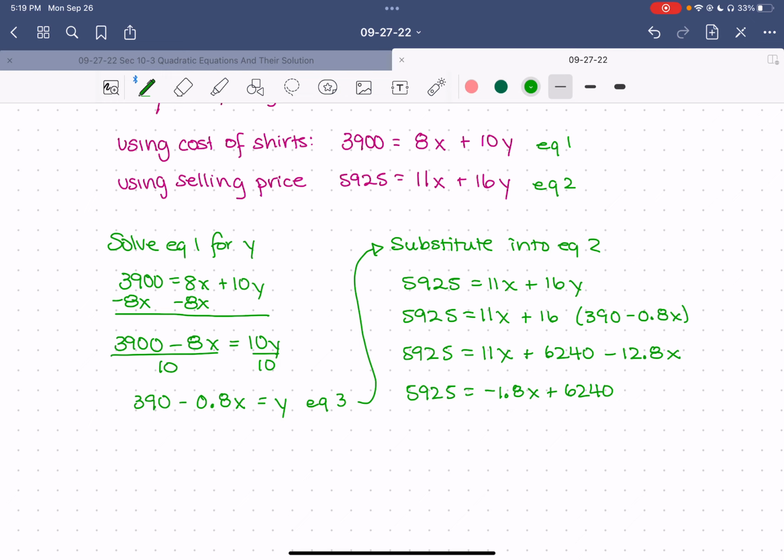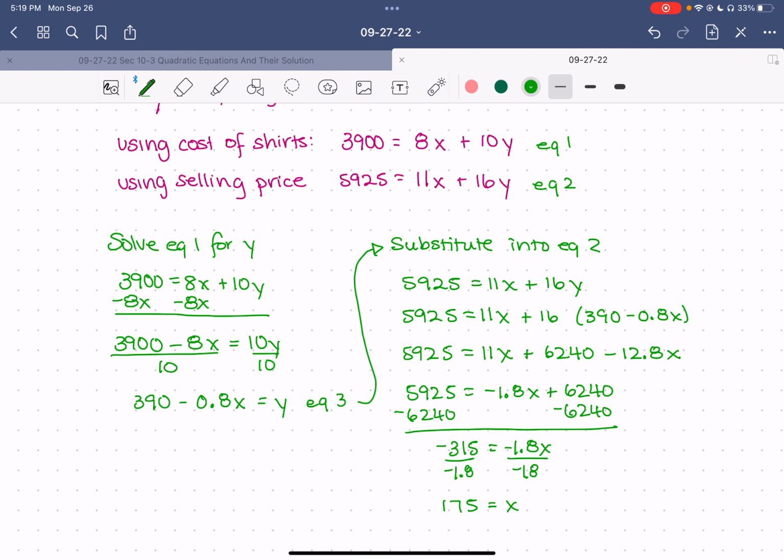Then I will subtract 6,240 from both sides. I get negative 315 is negative 1.8x. Divide by negative 1.8. And I get 175 for x.